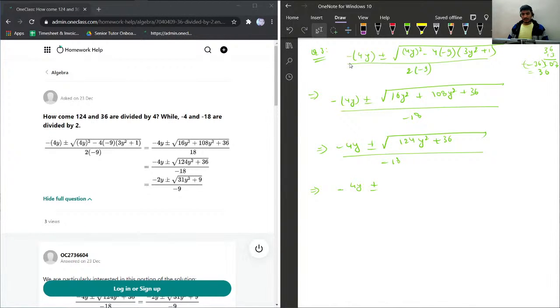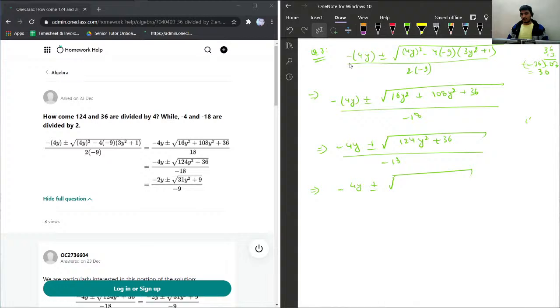So basically we can divide this minus 4 and minus 18 with 2 because 2 is the only common factor here for the 4 and 18. But here we can divide this 124 and 36 with 4, but we cannot just factorize or cancel this 4. I'll write this so that you can understand in a better way.